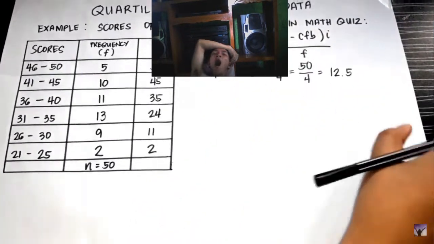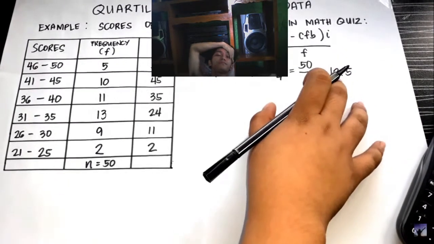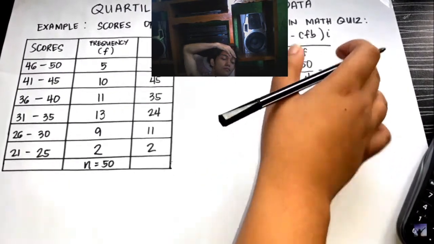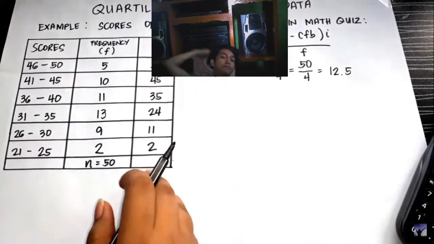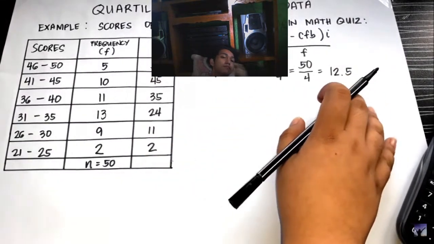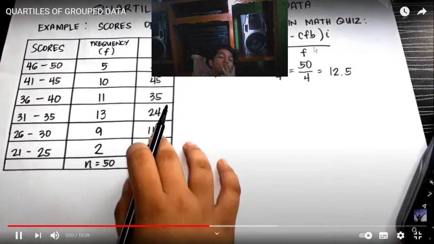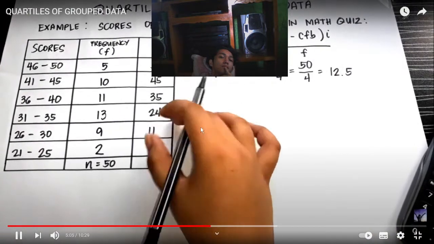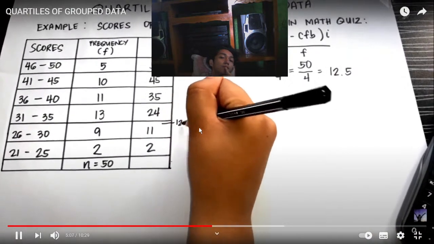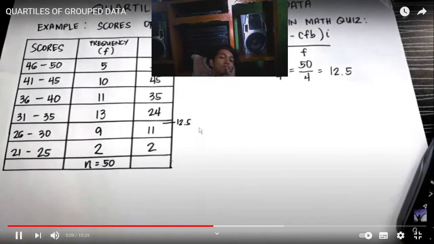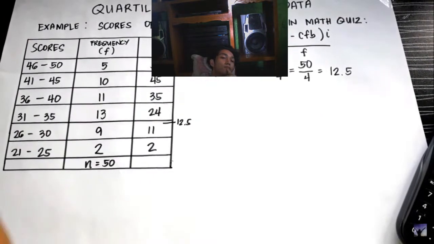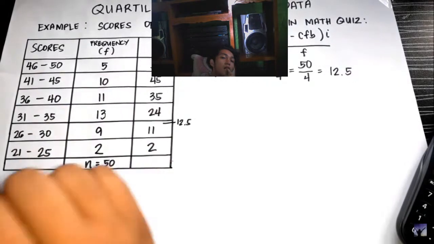Now, what are we going to do with 12.5? We are now going to locate 12.5 in our cumulative frequencies. Now, 12.5 is somewhere in between 11 and 24. Here is 12.5. Now, what does that mean? We have to get our quartile 1 class.